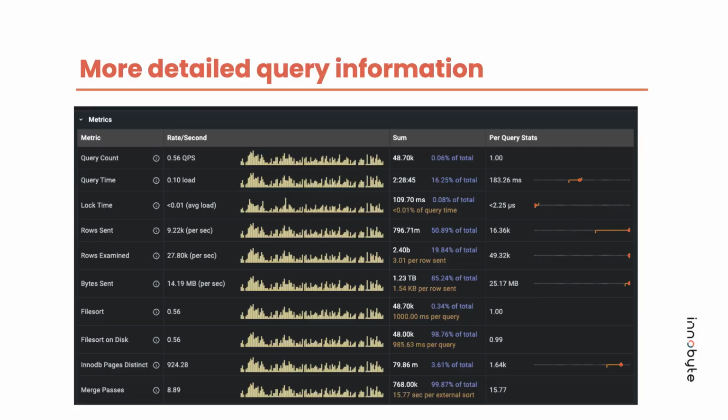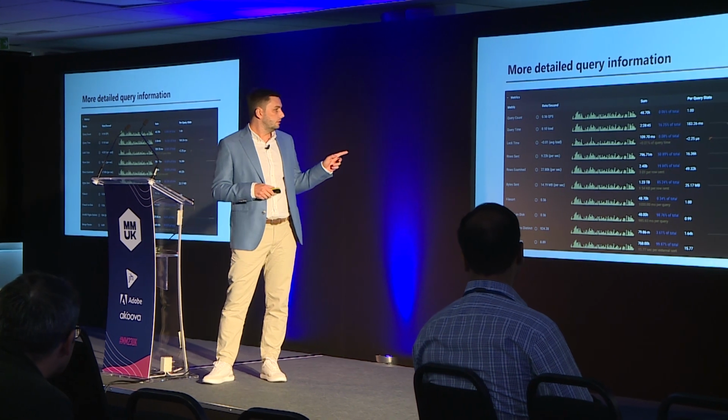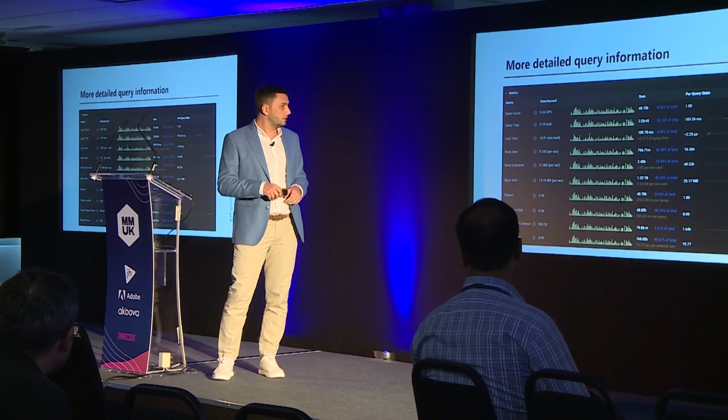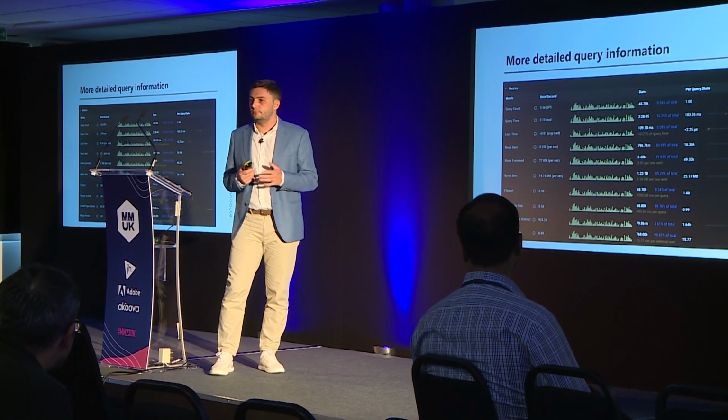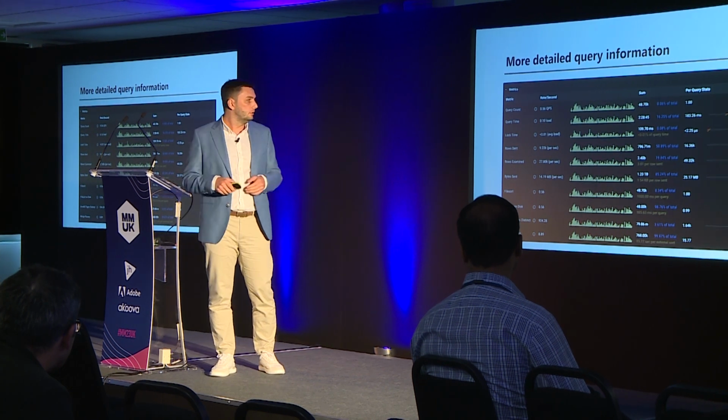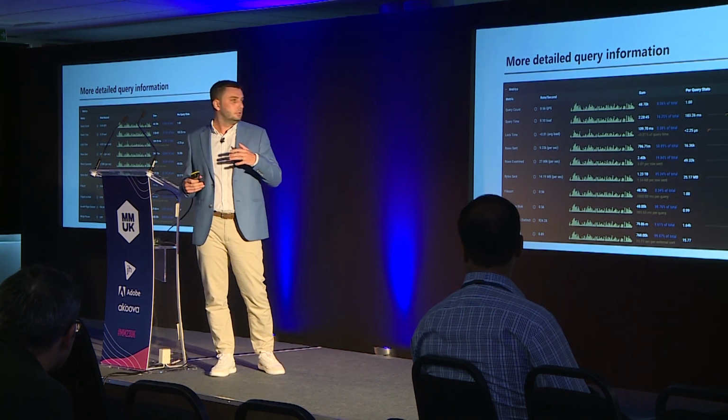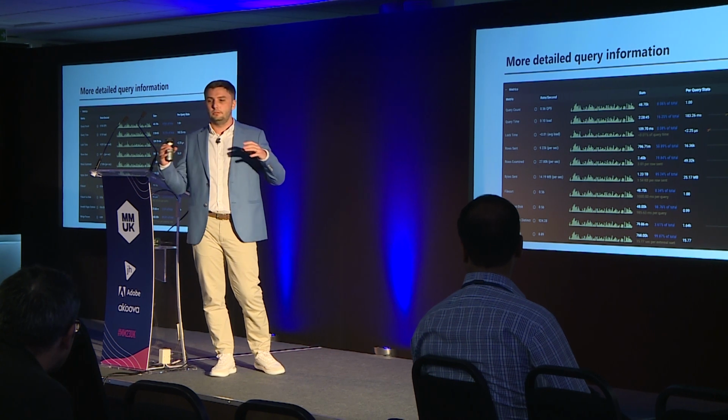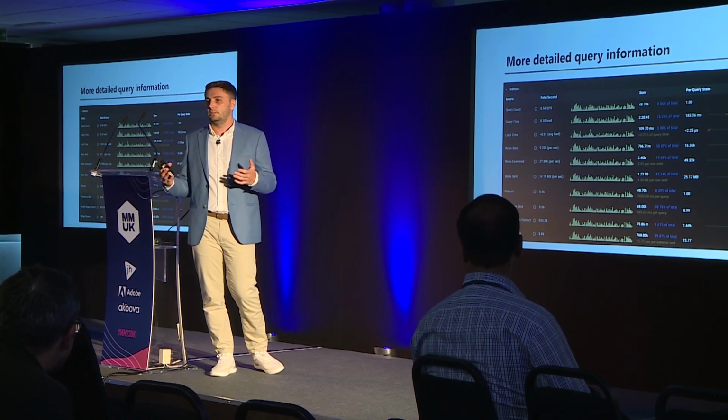This is a detailed version of the query that was causing issues in the first slides. You have the query count, the query time, lock time. This is also something that you need to take care of. Lock time means how much time the query was locking the database while it was executing.